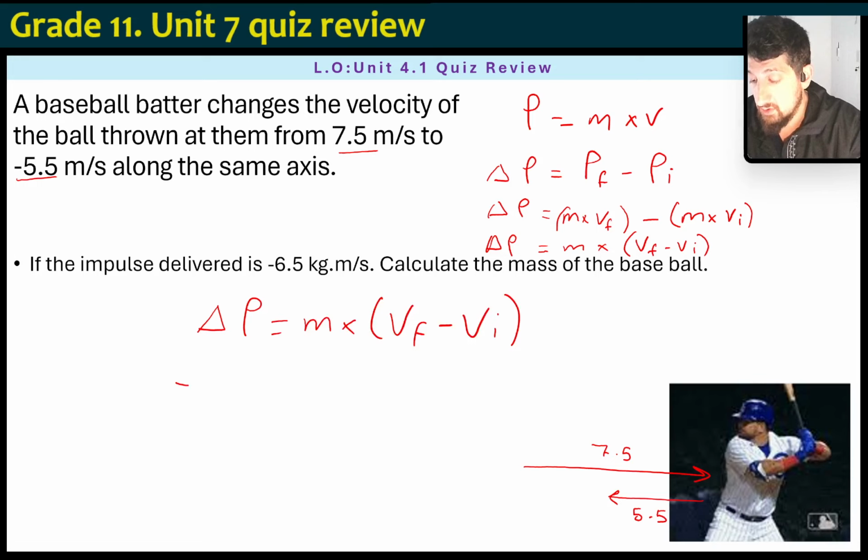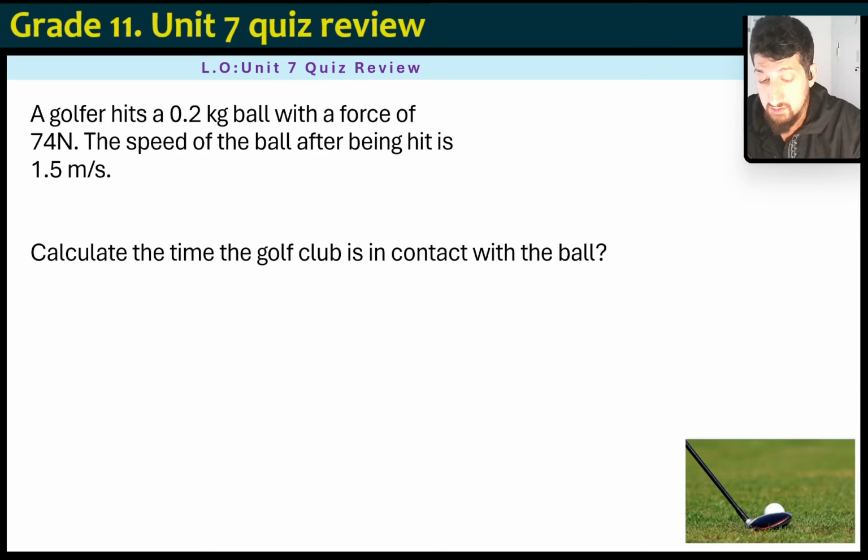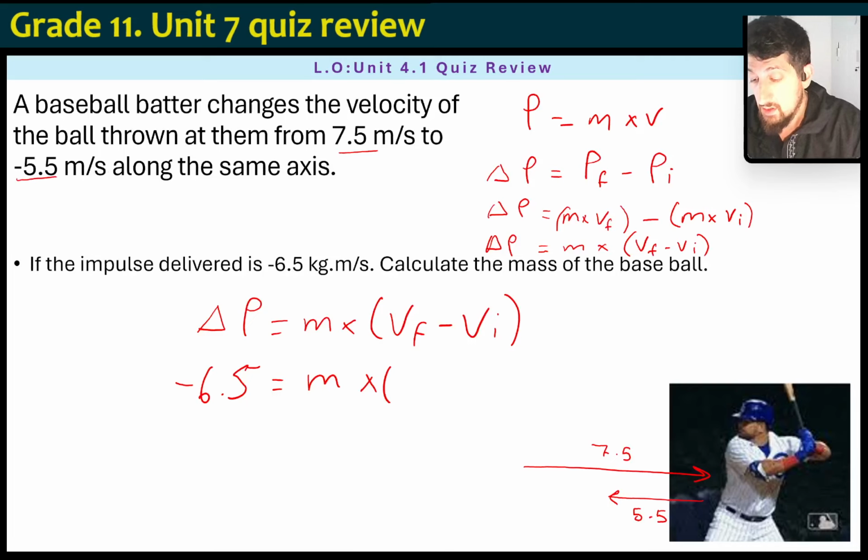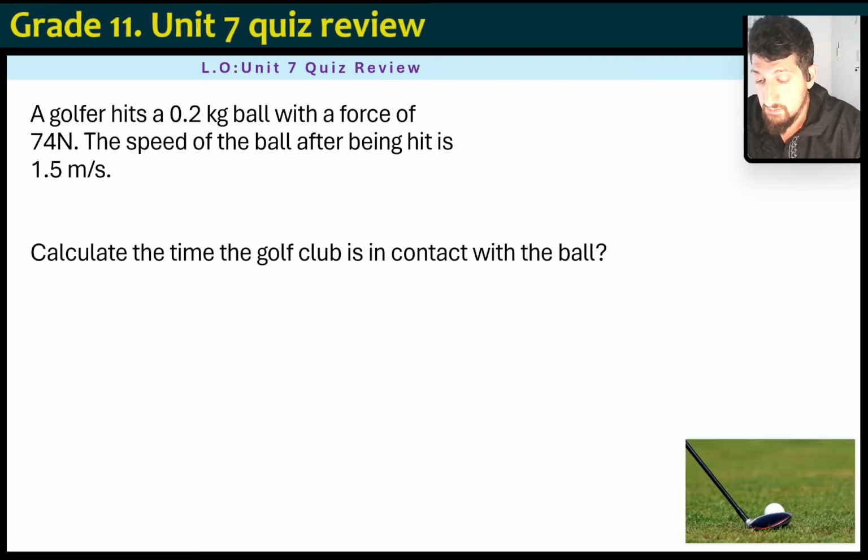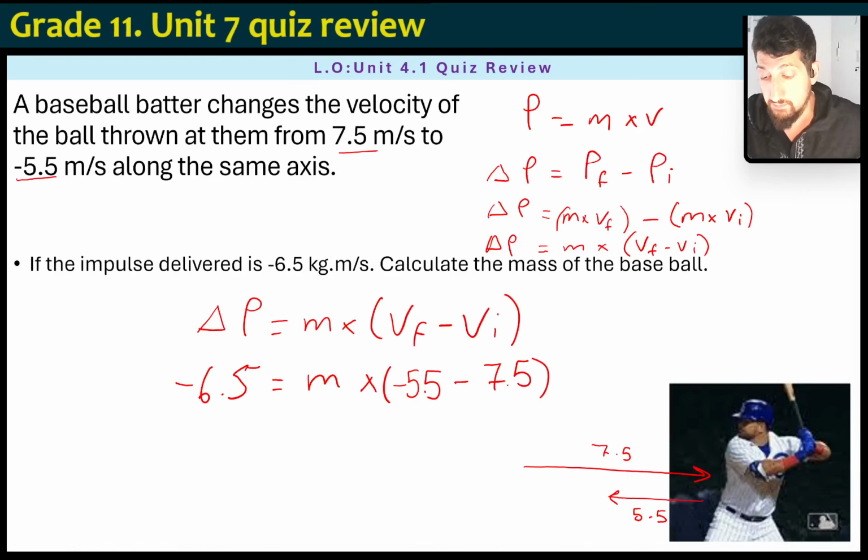And I know that the impulse is equal to minus 6.5. I don't know what the mass is, but I know that the V final is going to be negative 5.5, while the V initial is 7.5. So I can work with this.